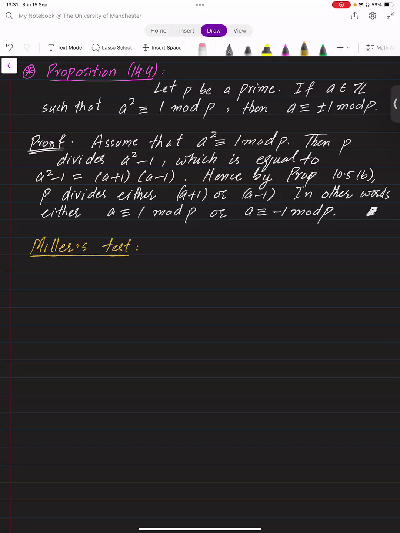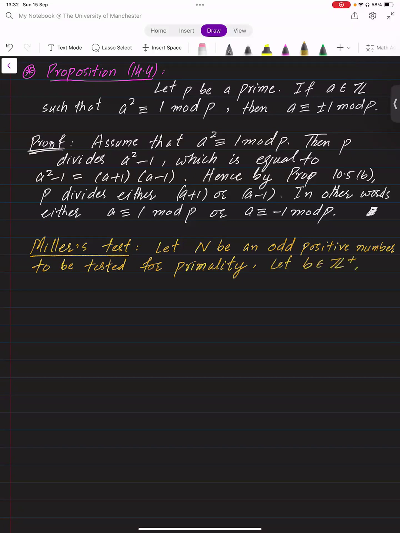Let n be an odd positive number to be tested for primality, and let b be a positive integer less than n, known as the base.